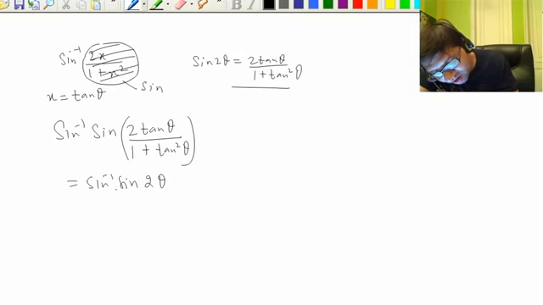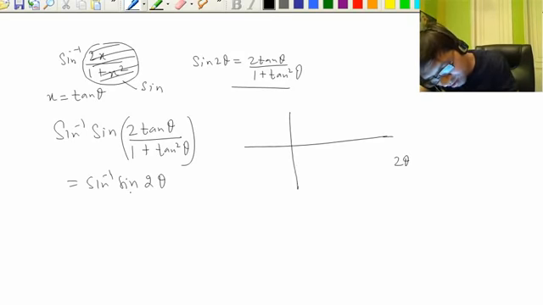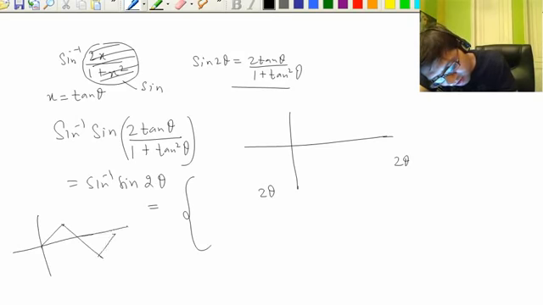One option is you need not do this again, because you know sine inverse sine 2 theta, with respect to 2 theta, this is equal to, if you apply the definition, whatever we discussed for sine inverse sine x here, it is x for 2 theta from 0 to pi by 2. It is pi minus 2 theta for 2 theta from pi by 2 to 3 pi by 2.